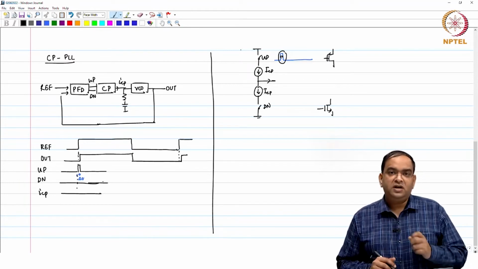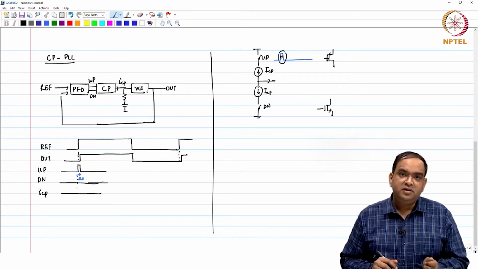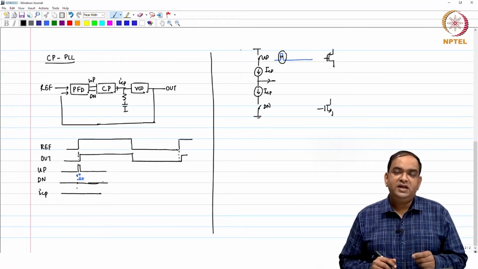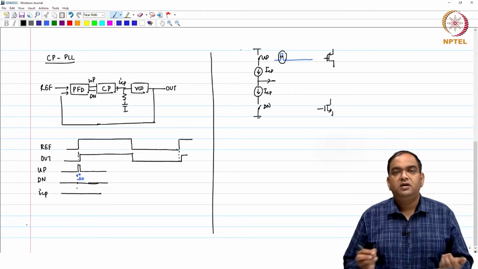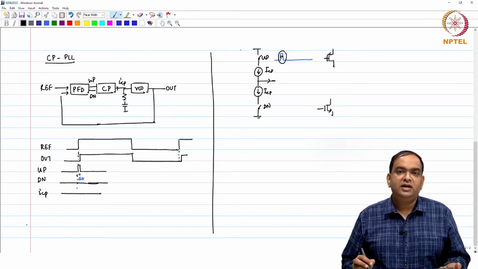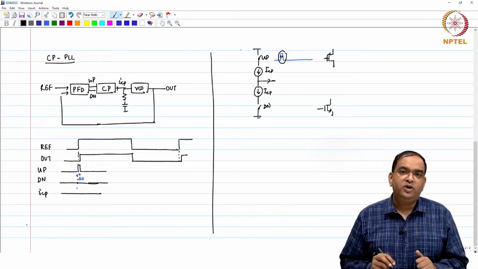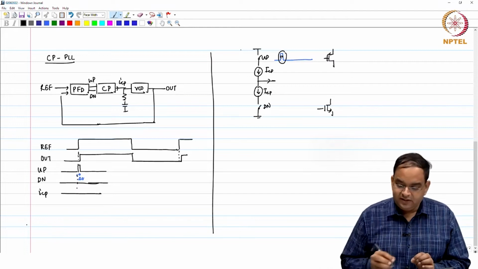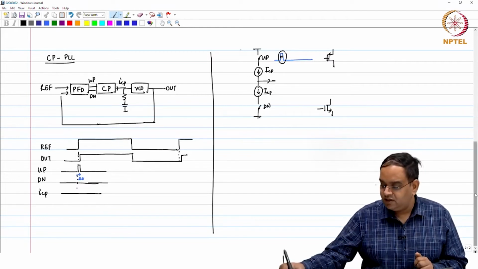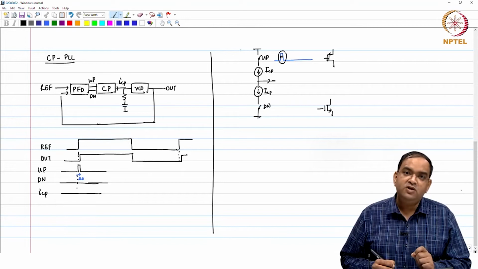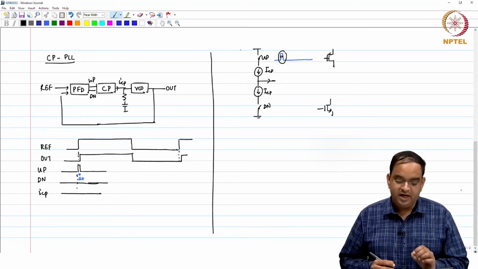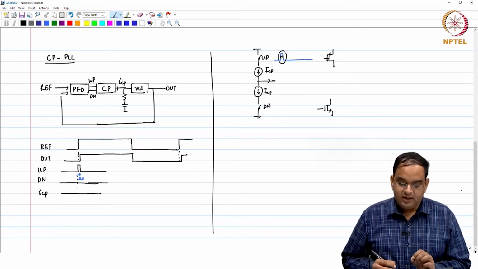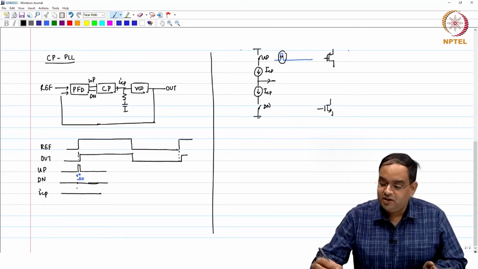So, even in the presence of the phase error at the input of the PFD, the PLL is not correcting for the output. So, there exists some region near the 0 phase error in the PFD block which we have seen so far, where your output does not change.